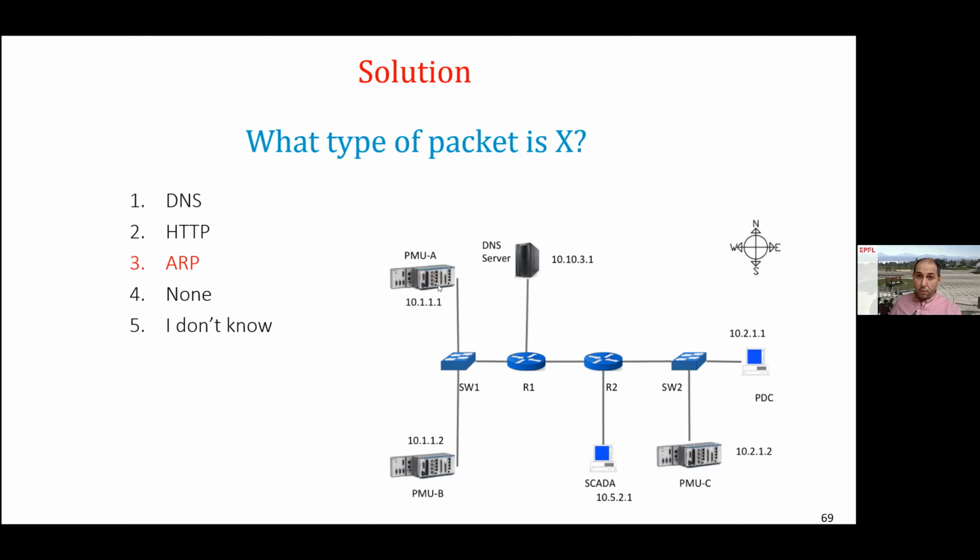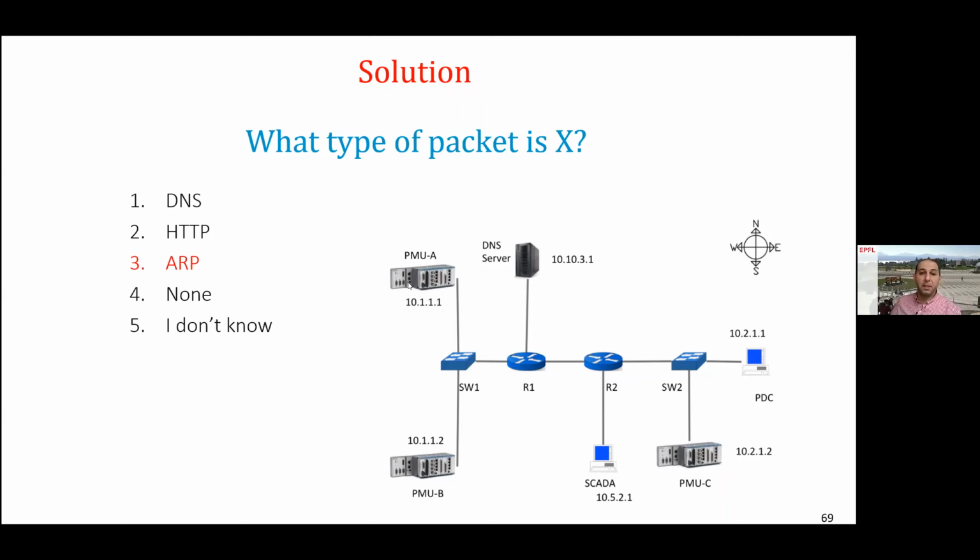It will look in its forwarding table and see that the DNS does not share the same network prefix. So the DNS is on another LAN, and it needs to go through the router. But the issue is that to be able to go to the router, it needs to know the MAC address of the router. Otherwise, the router will simply ignore the packet.